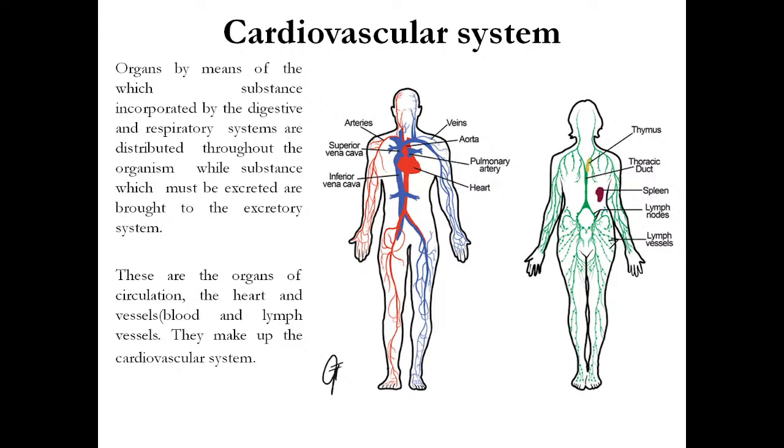These are the organs of circulation: the heart and vessels, blood and lymph vessels. They make up the cardiovascular system. What you see, the venous system and arterial system. This is the lymph system.